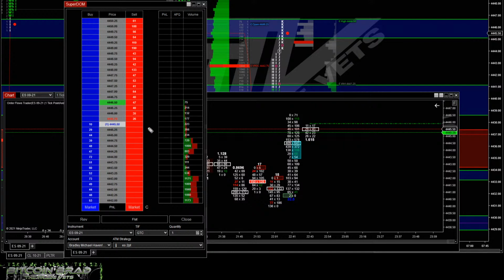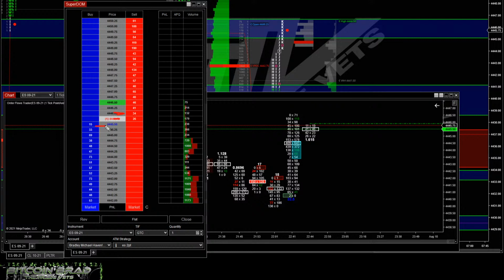What we're looking for here, as price is going, is to see if these buyers are coming up to fill this up, or if the sellers are coming down to refill these positions. Let's say we have 31 sellers here and 31 buyers here.